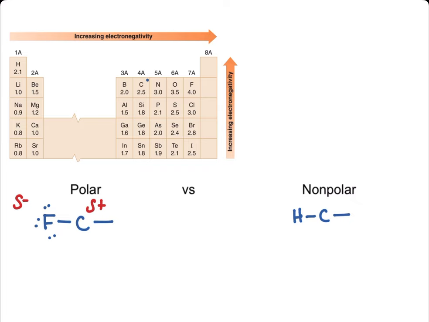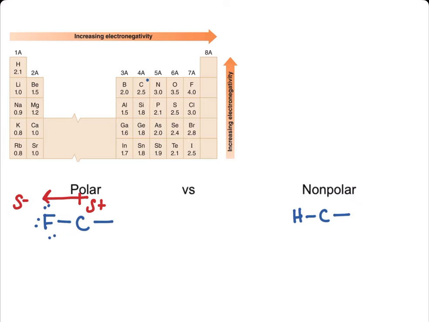The dipole tail will always be on the partial positive end and go towards the partial negative. So what this is telling us is that fluorine is the partial negative, and it will attract the electrons in that bond. So there will be a tug towards fluorine. Because there's a tug, that is considered a polar bond.